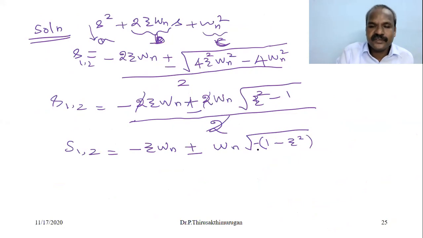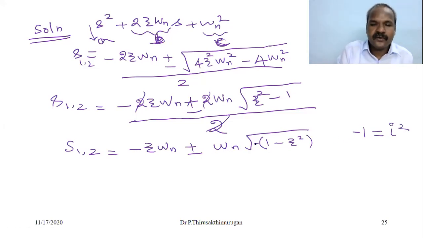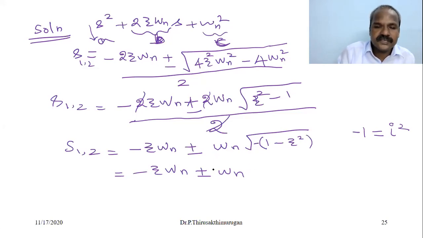Why I am introducing this minus is, minus 1 equal to j square; I am creating the imaginary term. Here divided by 2 is cancelling. So minus zeta omega n plus or minus j omega n square root of 1 minus zeta square.